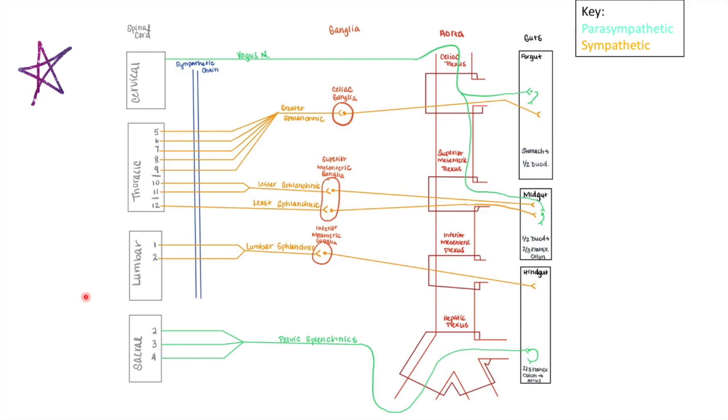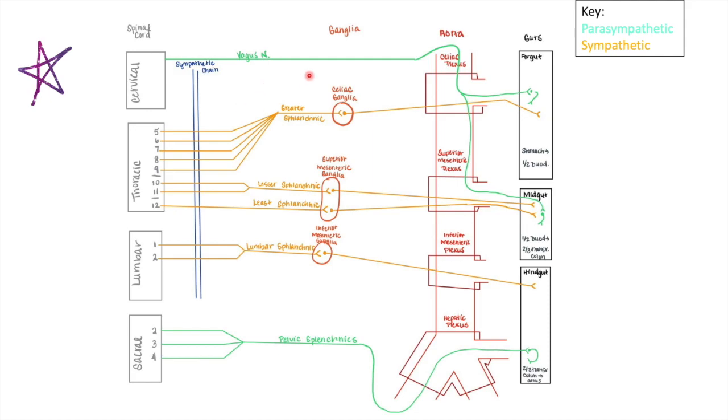So we're going to start with the spinal cord and the spine in general. So as we've talked about, we've got cervical vertebrae, thoracic vertebrae, lumbar vertebrae, and then sacral vertebrae. Okay? So from our cervical, we've got this vagus nerve. Now we've talked about the vagus nerve. It is a parasympathetic system, like we've talked about.